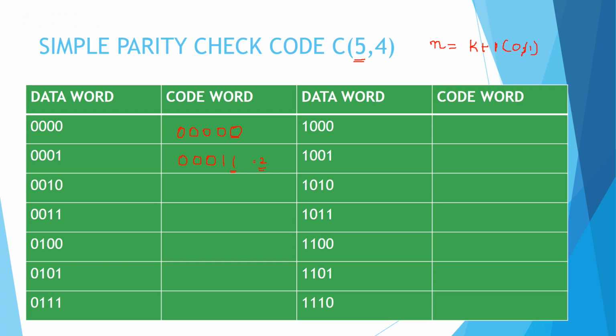So the next data word, 0010, I need to add an extra bit, which is 1, so that I maintain an even number of ones in the code word.